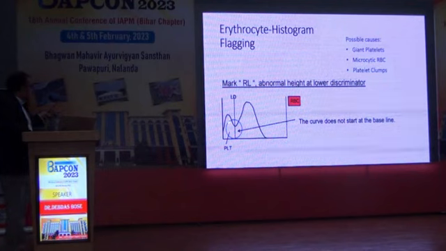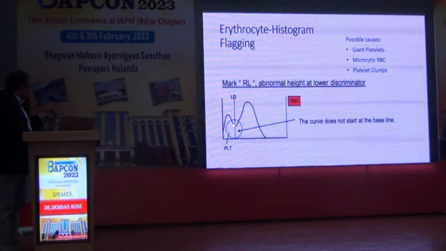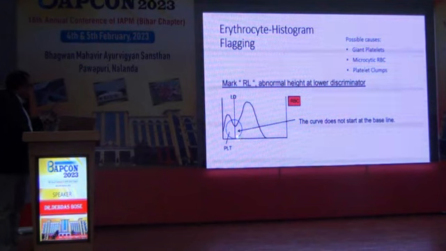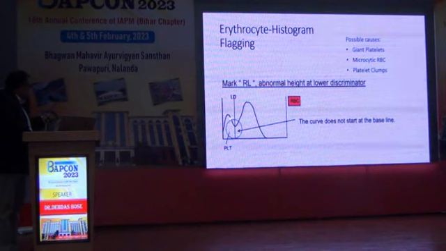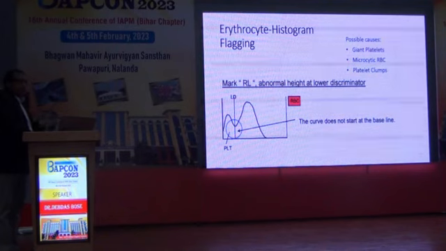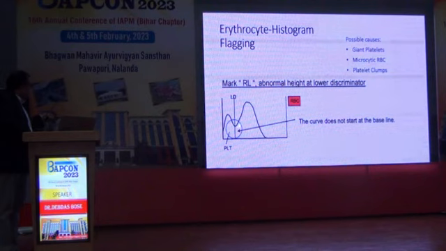See, in these platelet curves, the initial curve is the platelet curve and the later curve is the RBC curve, but this curve is not touching the baseline. So what is the possible cause? This curve must start from the baseline, but the curve is not touching the baseline. So either the platelet size is much larger, so there are large platelets or platelet clumps, or the RBC size is much smaller, just similar to large platelets.